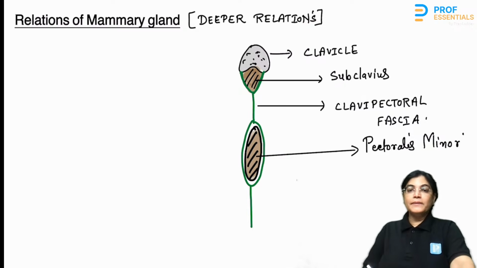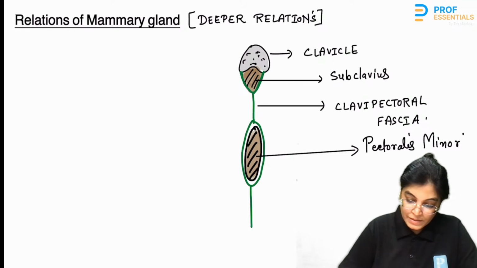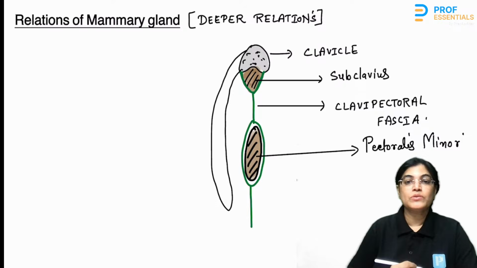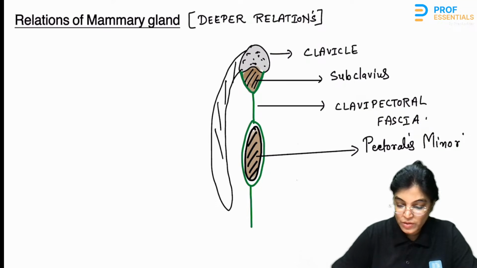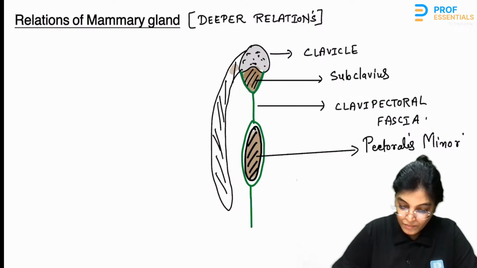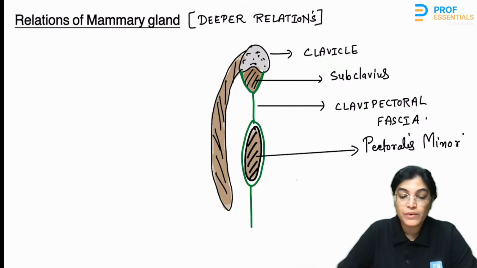Okay, so done. Now, I will draw a muscle here, the bulky muscle of the pectoral region. What is this? This is the pectoralis major muscle. Done. Now this pectoralis major muscle is covered by pectoral fascia.